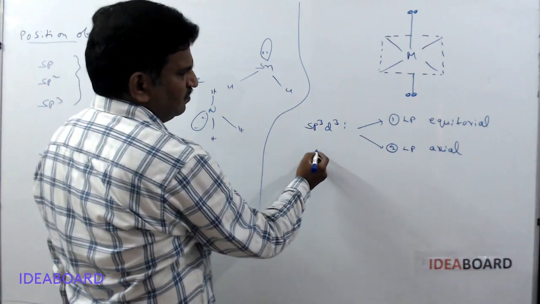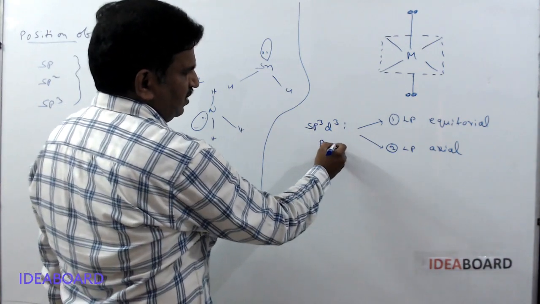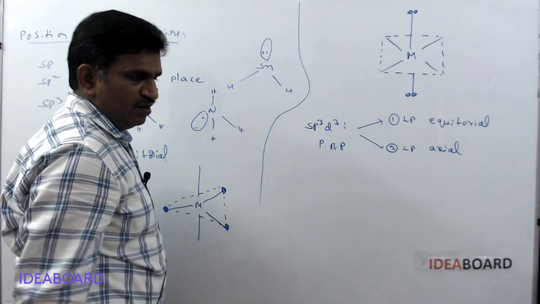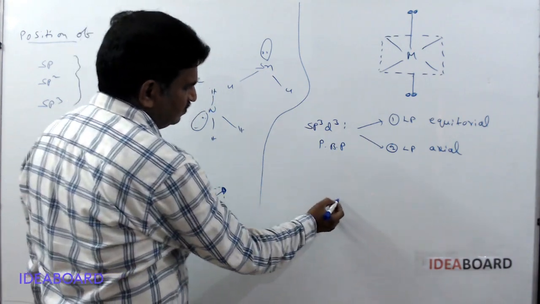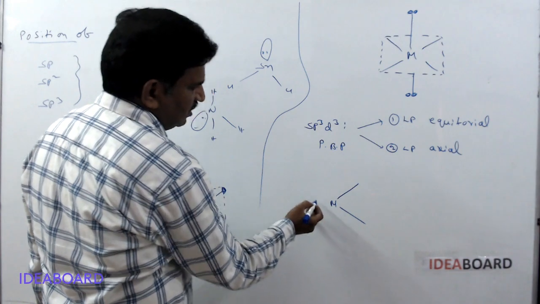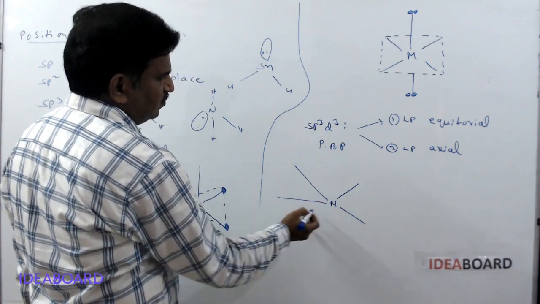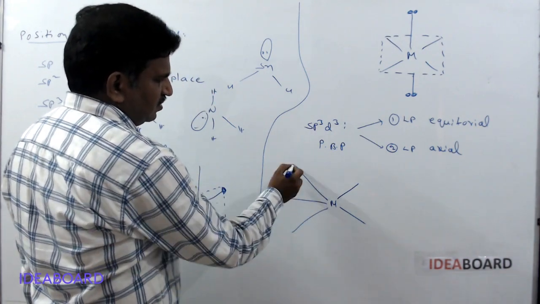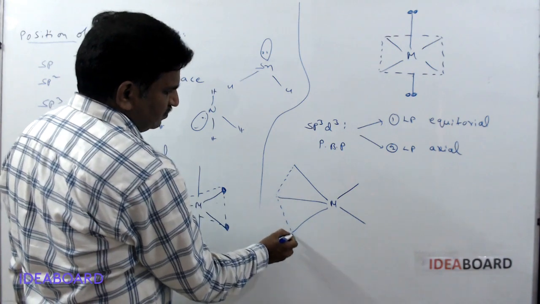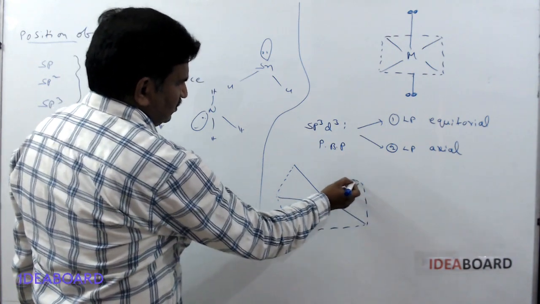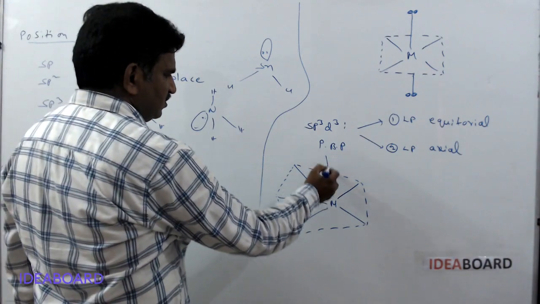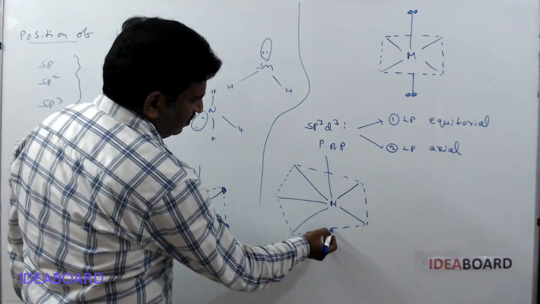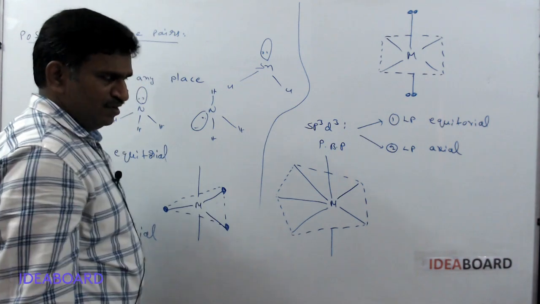So sp3d3 means what is the shape? Pentagonal bipyramidal. Pentagonal bipyramidal means I am writing like this. This is one bond, second bond, third bond, fourth bond, fifth bond. And these are present in one plane. So 5 bonds are present in one plane, and this is the sixth bond present above the plane, and this is the seventh bond below the plane.